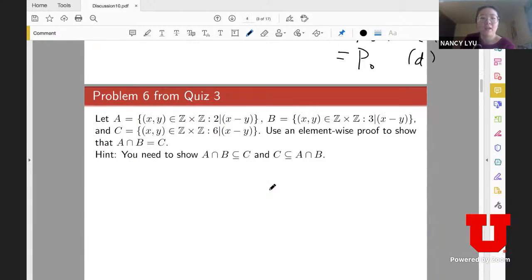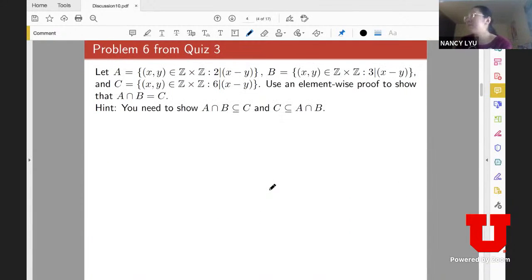Okay. Next one is problem 6. So we're given the 3 sets A, B, C, and want to use the element proof to show that A union B equals C. And we want to first show that A union B is a subset of C. So the first one, I want to show this.